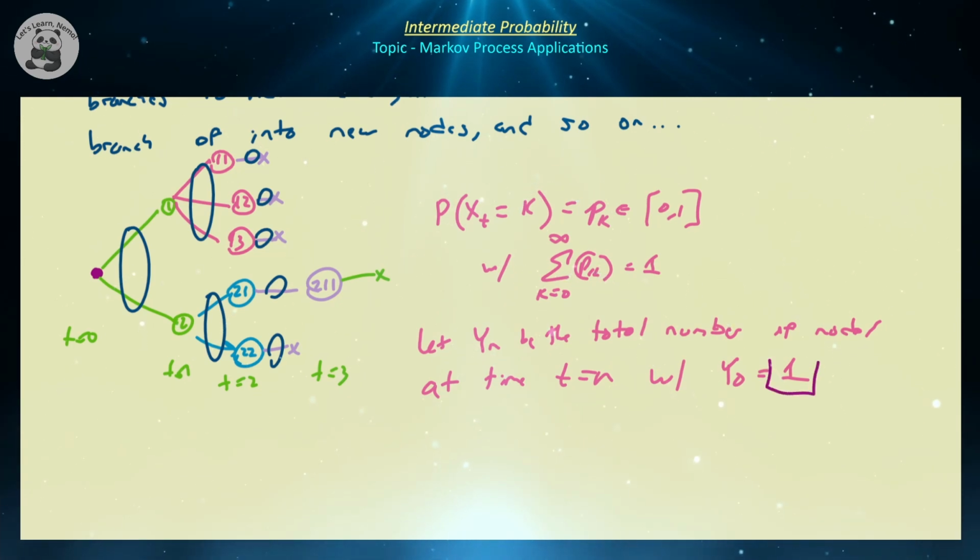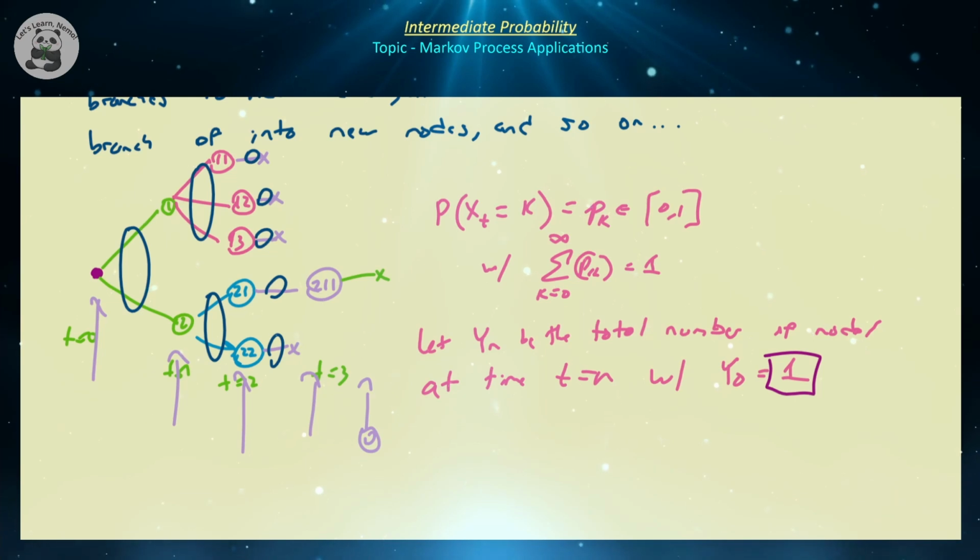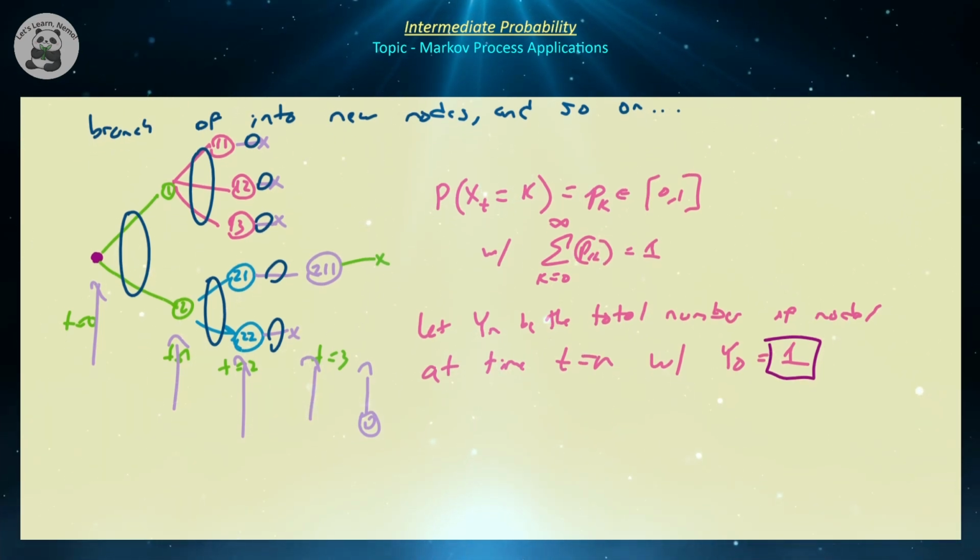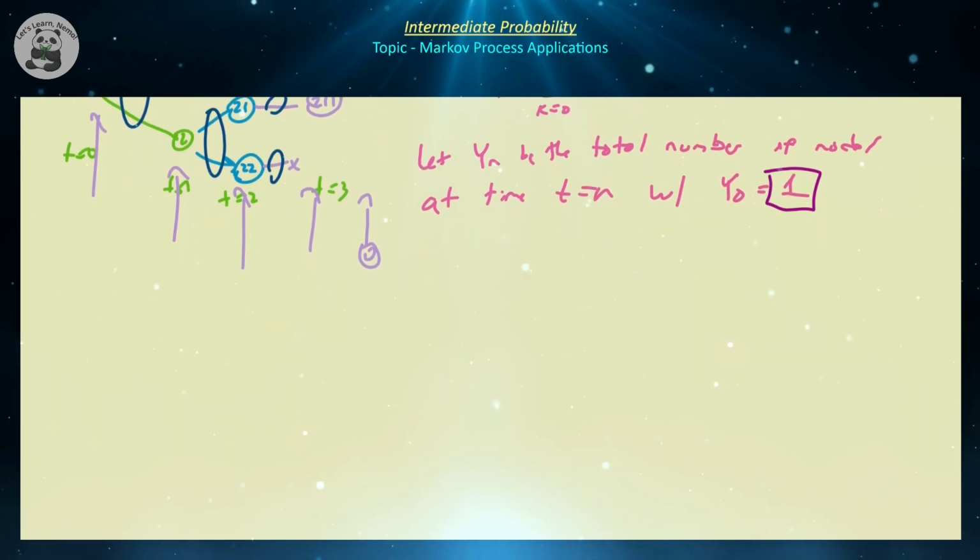Of course, you can modify this, but usually that's not really that interesting, but you easily can. So at t is equal to n, here we have 1, here we have 2, here we have 5, here we have 1, and here we have 0. And that's usually extinction.